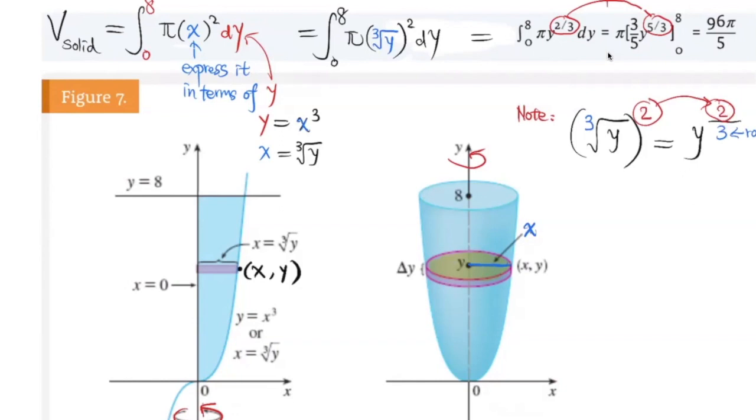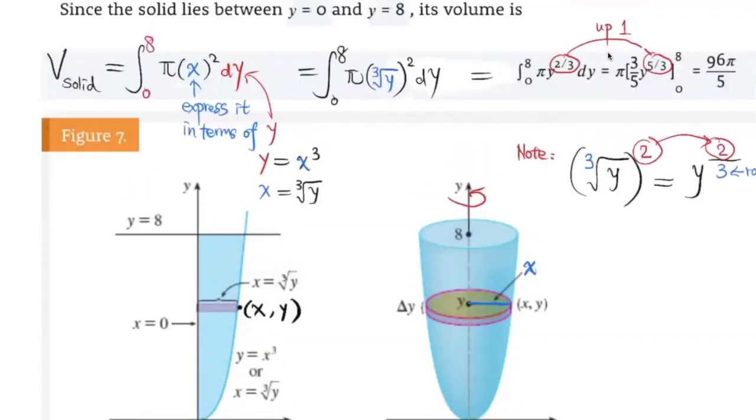So that's equal to the integral of pi times y to the 2/3 power. When you find the antiderivative, the exponent goes up by 1 and you multiply by the reciprocal of this exponent. Now substituting 8 into y, substituting 0 into y, and doing the calculation, that is 96 pi over 5.